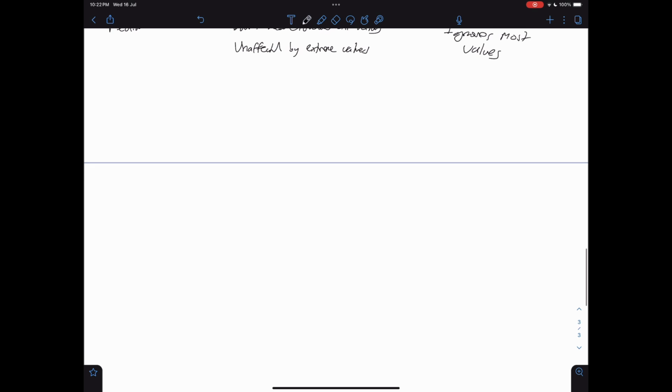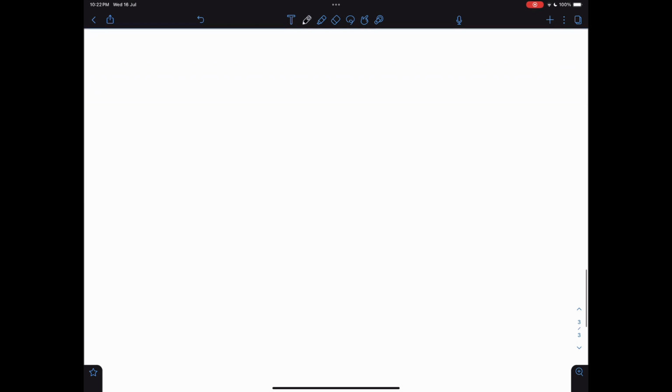Now we can talk about the shape, distribution or skewedness of data. That's the second feature, the shape. Now you can have what's called positive skewedness.